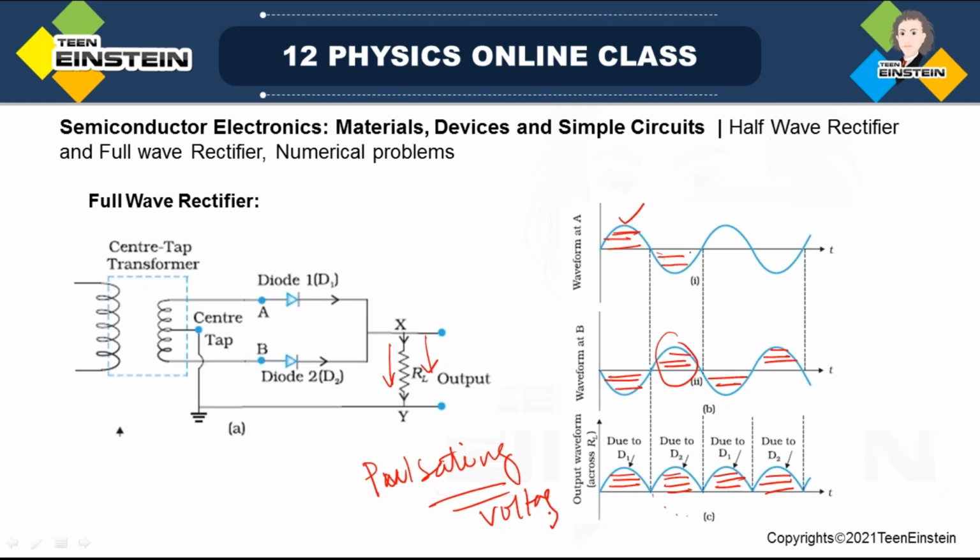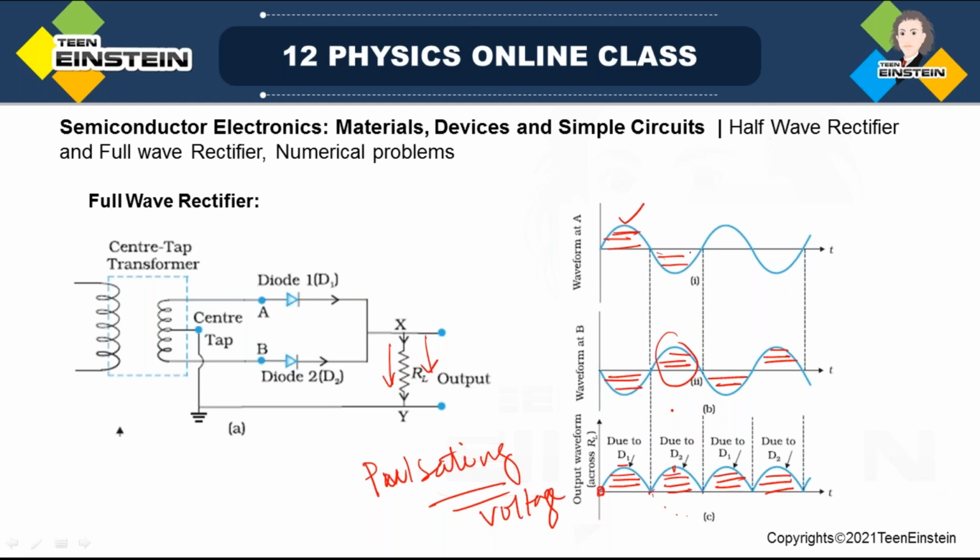Pulsating voltage means it comes as a pulse: it starts from 0 to maximum, then again 0, again from 0 to maximum, again 0, like that. This is called the pulsating output voltage you get out of this full wave rectifier circuit, but for each cycle you get voltage.